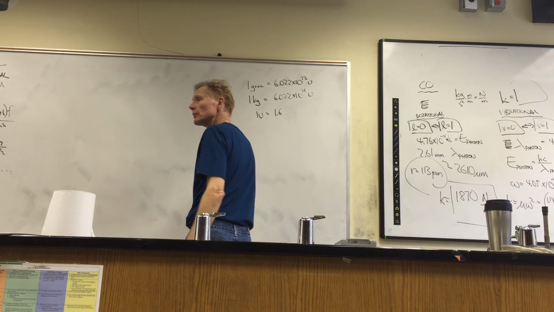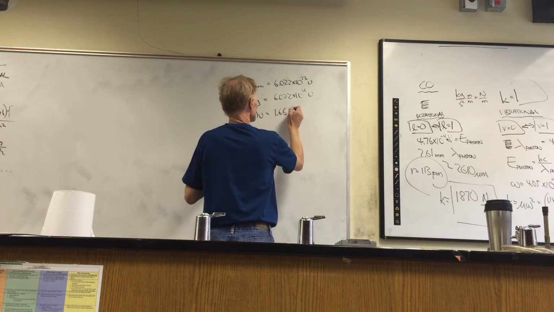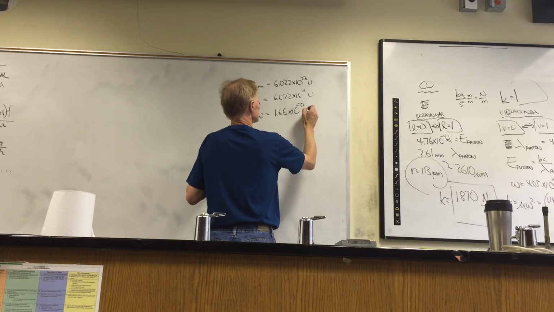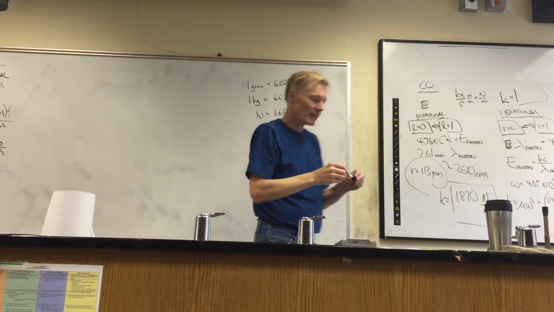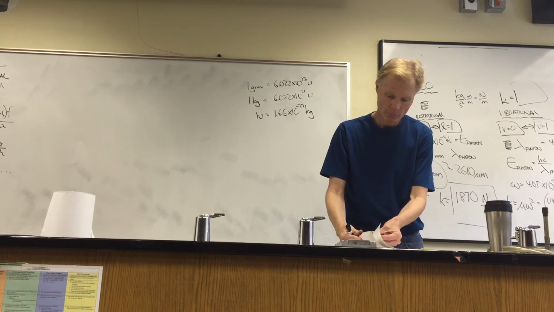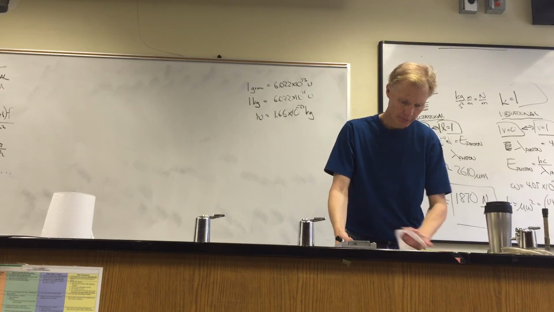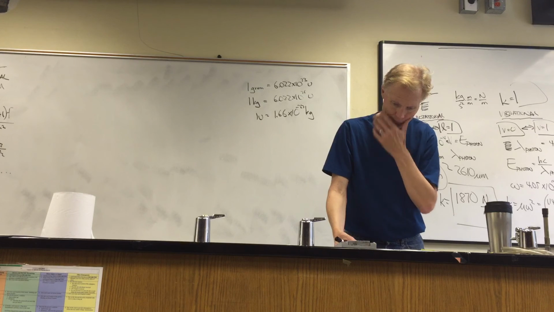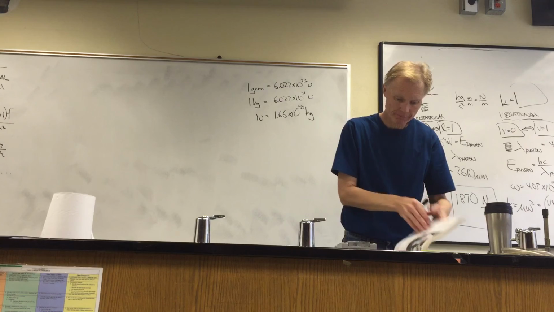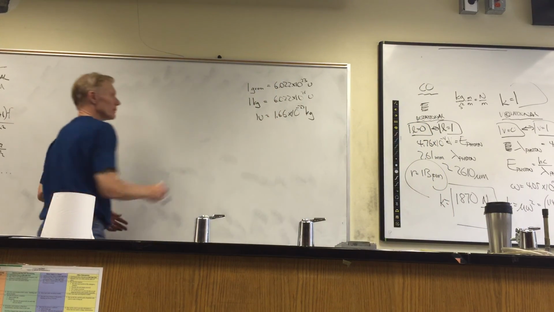Is it 7? I wrote 7 on Tuesday. I think it's wrong. I think it's 6. I mean, it's got to be. The 7 is the mass of a proton. I think that's it, and I think it's in the front cover of the book. Yeah, 1.66 times 10 to the minus 27. On Tuesday I put the mass of the proton.